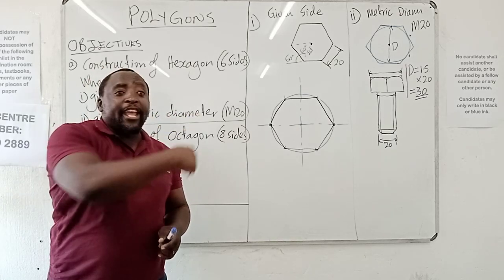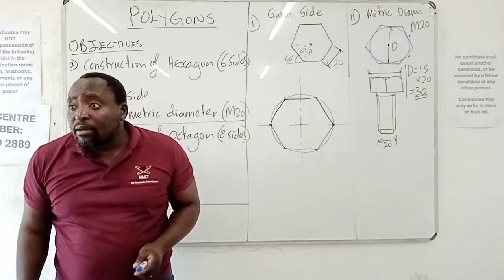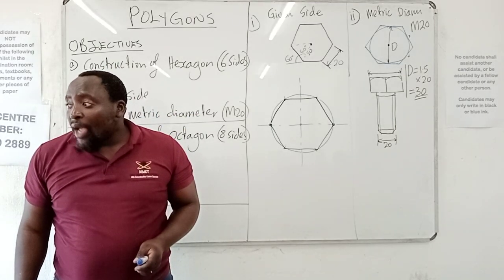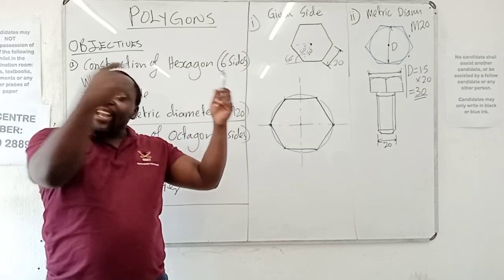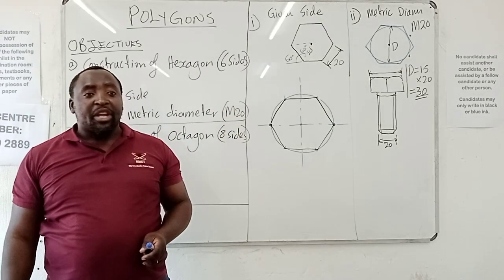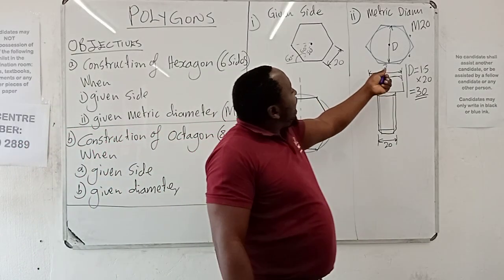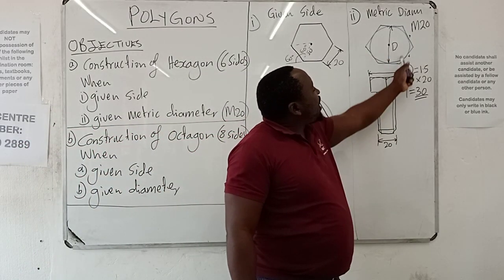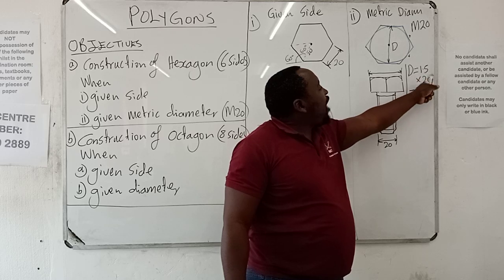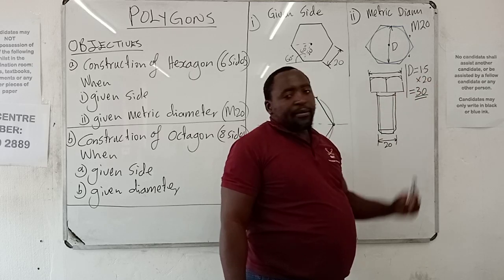Whatever I'm explaining here, I'm not going to explain in mechanical. Are we together? Because you'll find again in mechanical the same story when you're drawing in the section. So, this diameter of the inscribed circle is 1.5 times 20.